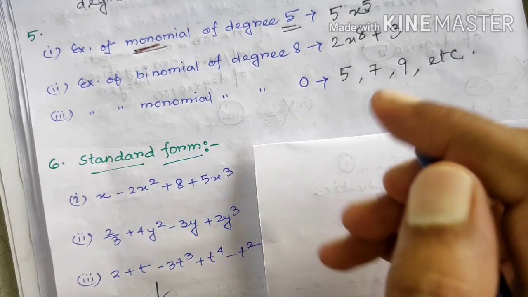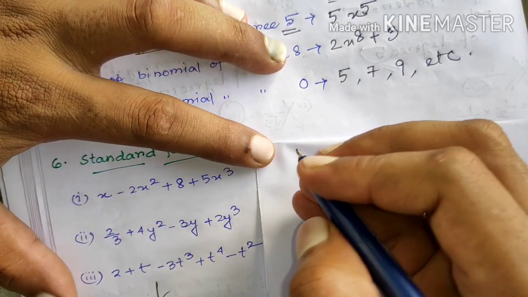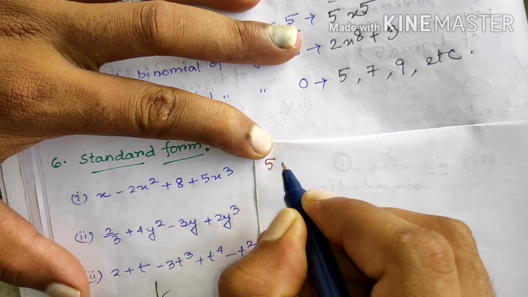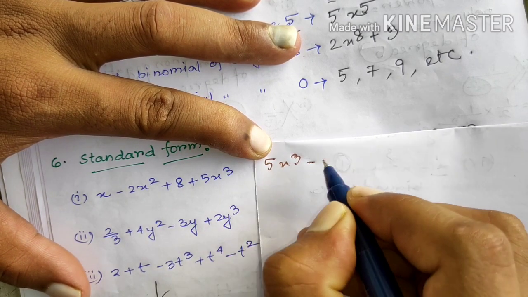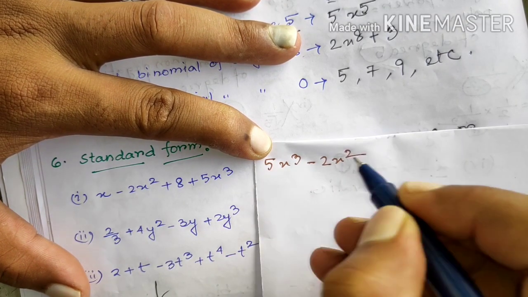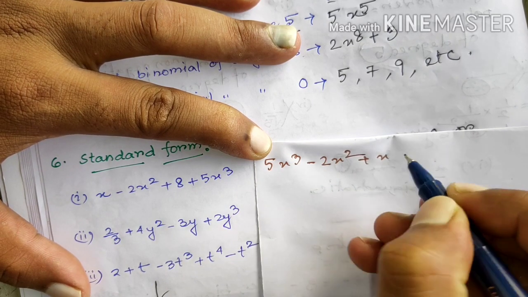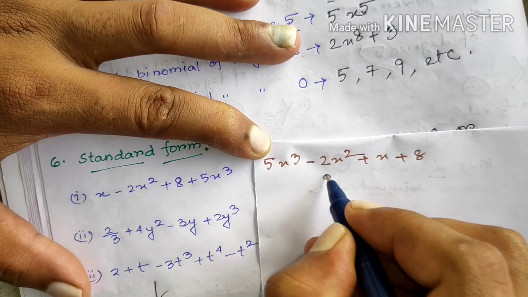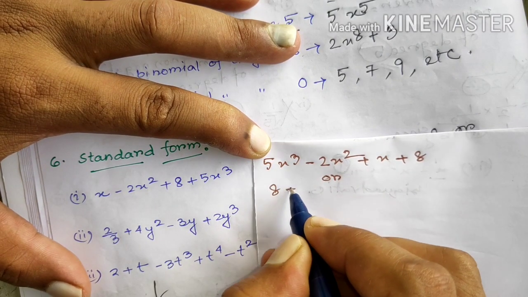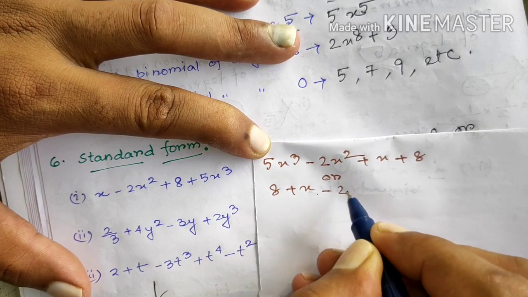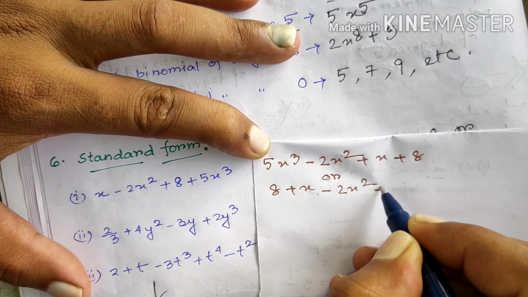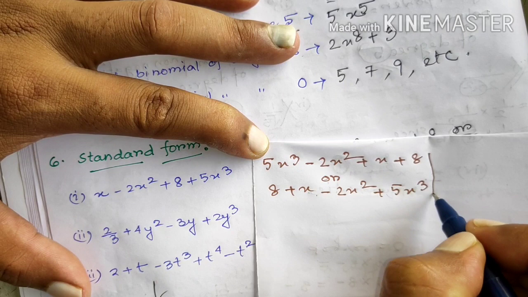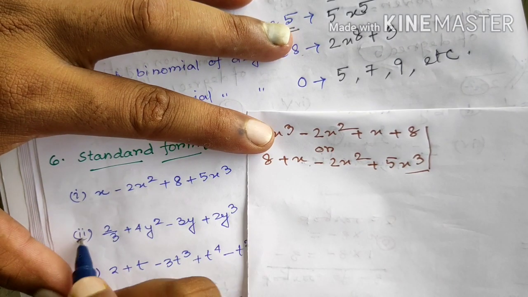Next, standard form. Standard form means the power of the variable increases or decreases; both are correct.